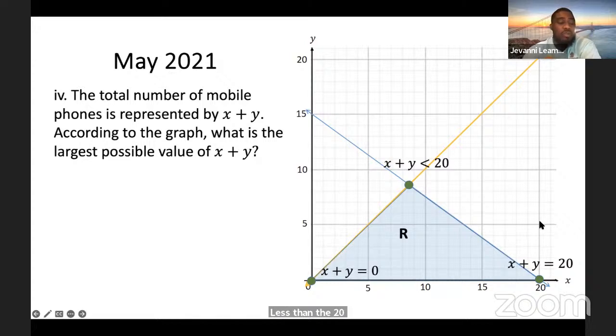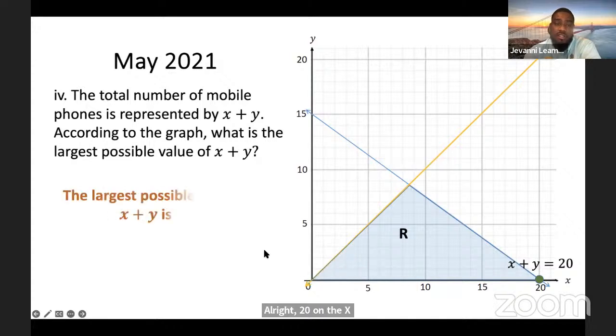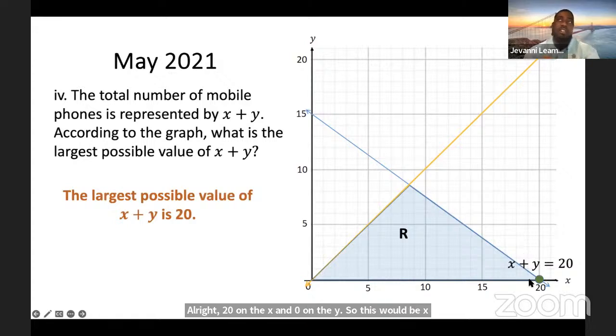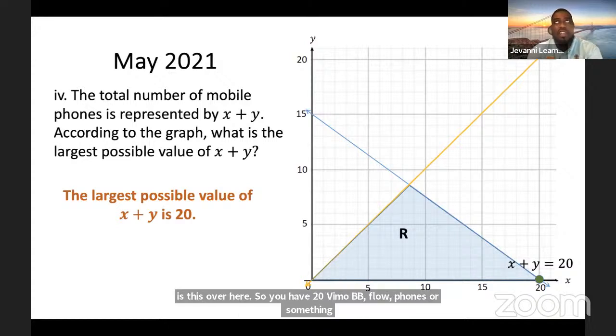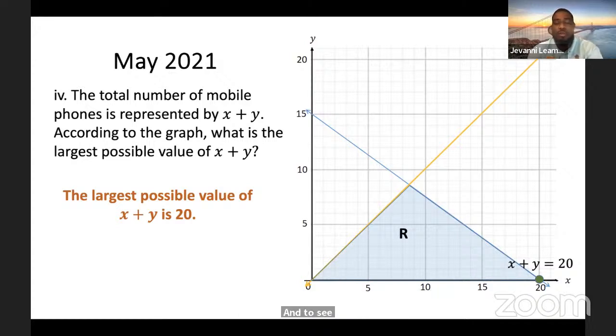So at what point would your optimal or the largest possible value of X plus Y be? At 20, 0. 20 on the X and 0 on the Y. So this would be X plus Y is 20. So you'd have 20 B phones, and the C flex phones for the Y. Y is the number of C flex mobile phones.